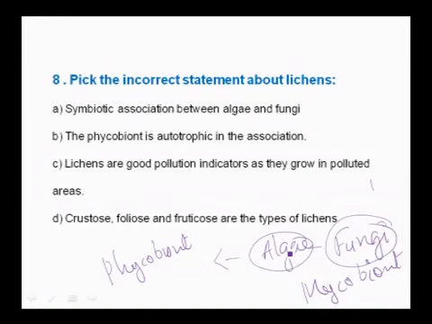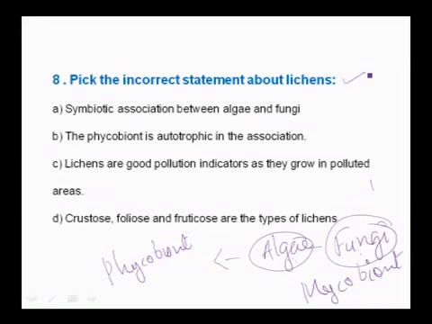So using the raw materials which are provided by fungus, it is going to prepare food and give a small portion to fungus, because fungi are heterotrophic and cannot prepare food on their own. So here both are mutually benefited. Algae gets the raw materials for photosynthesis and fungi gets food. So this kind of mutually beneficial association is actually called lichens.